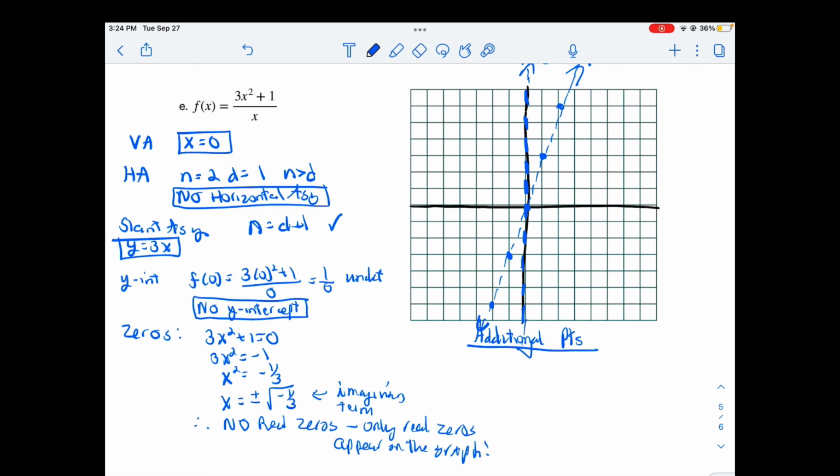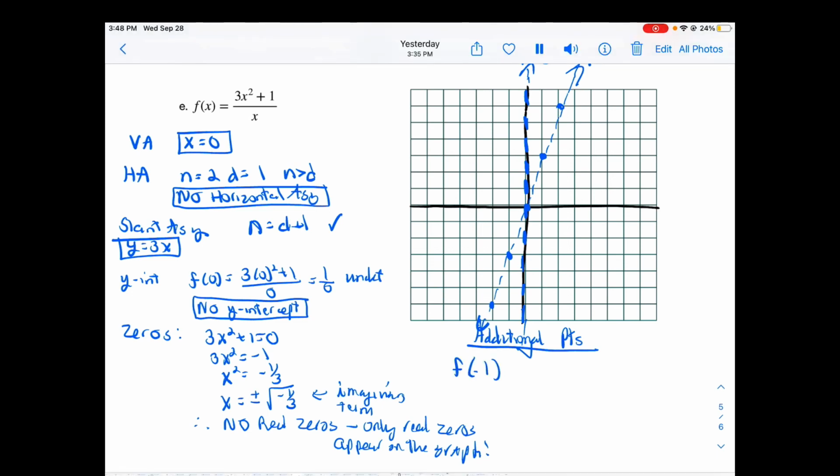All right, so now I've got to figure out our values. I don't have any x-intercepts, so I just have a vertical asymptote. So I need to find a value to the left of my vertical asymptote and a value to the right of my vertical asymptote. You can choose any values you want. Values closer to the vertical asymptote fit better on the graph. So I'm going to plug in, say, f of -1.